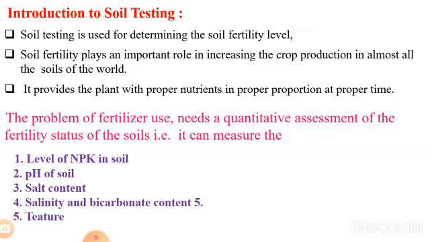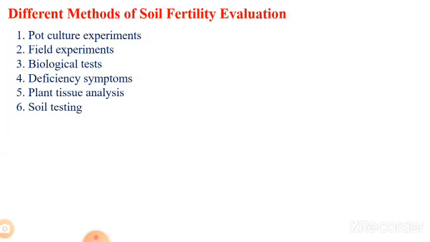So on the basis of this information, an agrochemist can recommend the type of fertilizers and its proportion to be used by the farmers. So our next point is different methods of soil fertility evaluation.